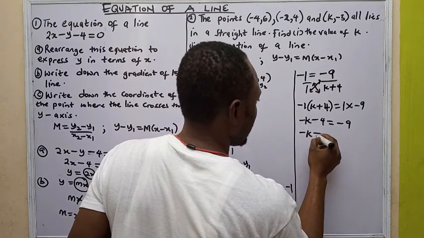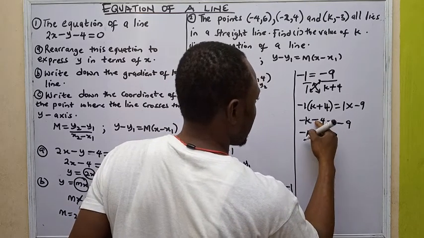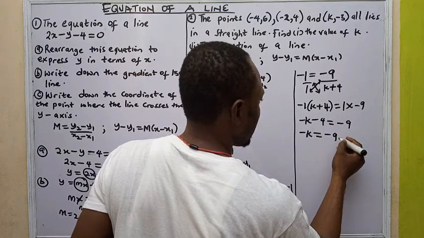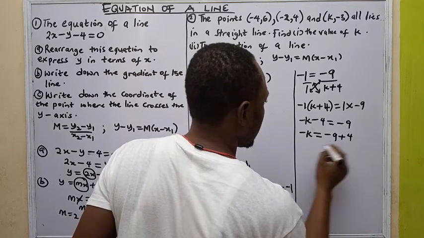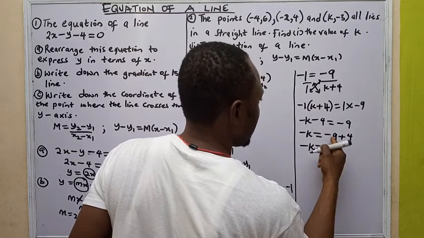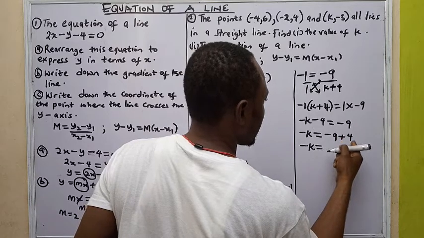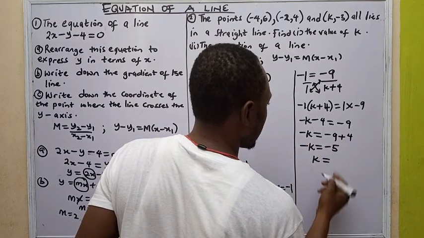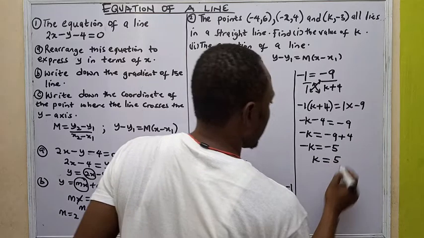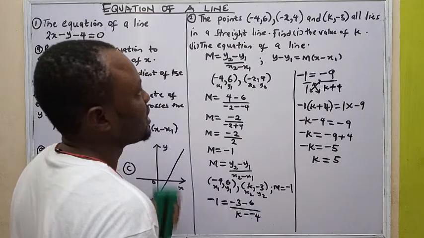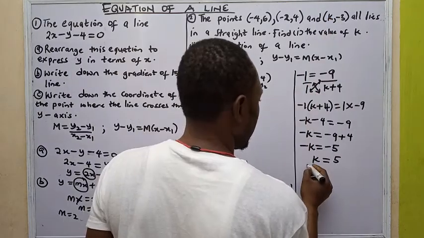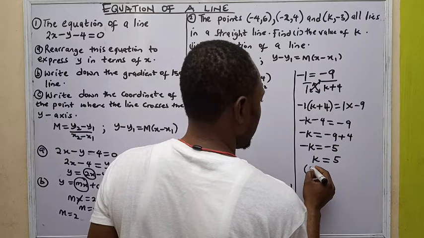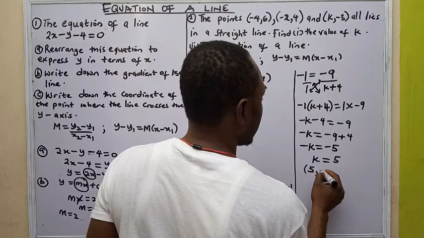So minus k will be equals to minus 9. I'll take minus 4 to the other side of the equation, it becomes plus 4. So minus k will be minus 9 plus 4 will give me minus 5. So k will be minus minus will give me plus, so I have a 5. So k is 5. Now the coordinate for the third point will be 5 comma minus 3.